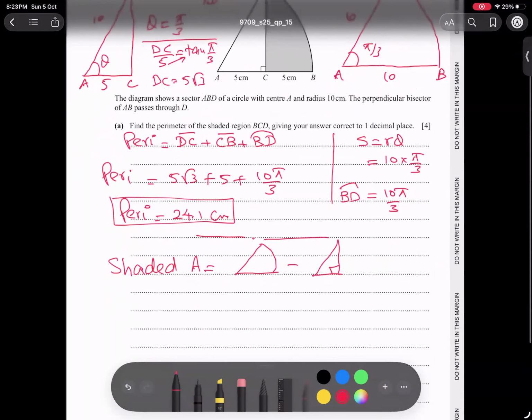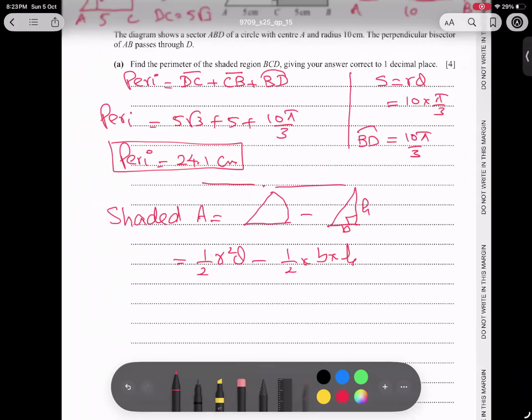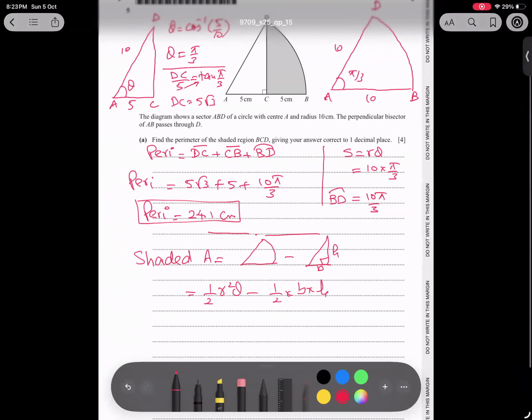So what is the sector area formula? Half r squared theta, and for the triangle half into base into height, or if I don't have base and height, I can use the other formula as well. So half r squared, r is 10, theta is pi over 3. So 10 squared, and half into base.